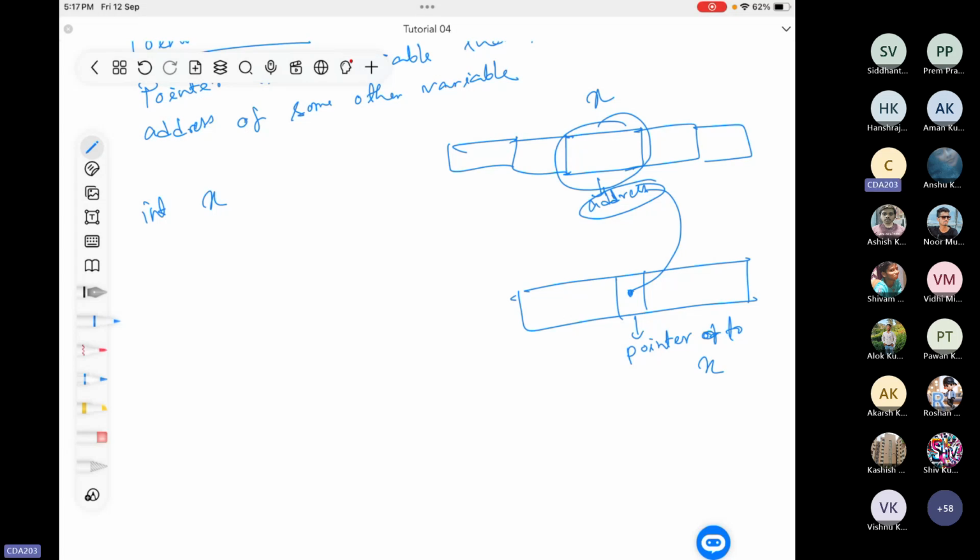No, percent is not a pointer; it corresponds to the string, like percent d is for integers. Yes, b actually contains the address of a. B is a pointer to a, which means b is storing the address of a.